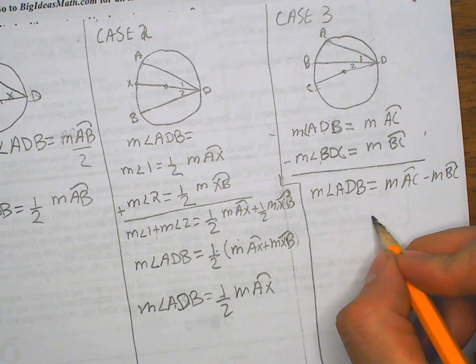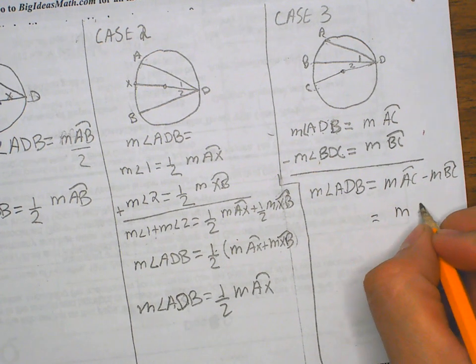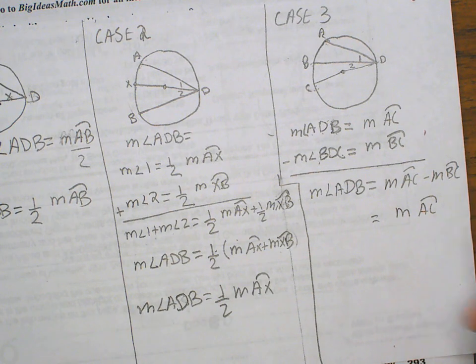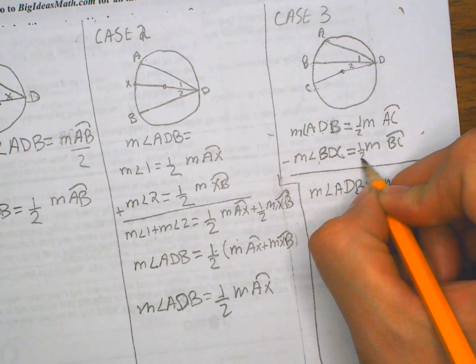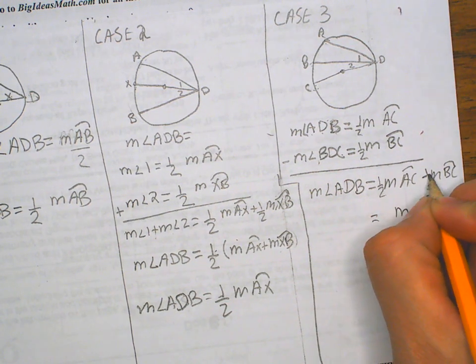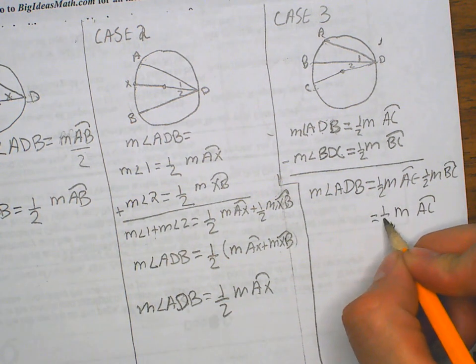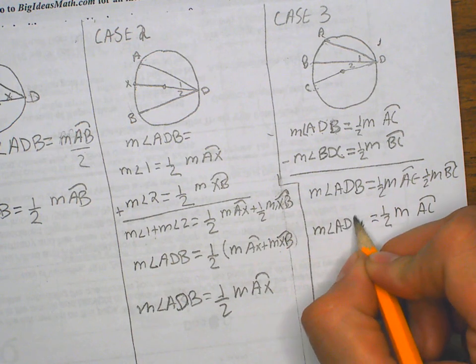That is going to be the measure of angle ADB. Okay, and I'm missing something. Oh yeah, don't forget the halves. Come on, Osuna, you're not new. Okay, so this is going to be 1/2, 1/2. Okay, and then from there you're just going to factor out that 1/2, and then we get the following, ADB.